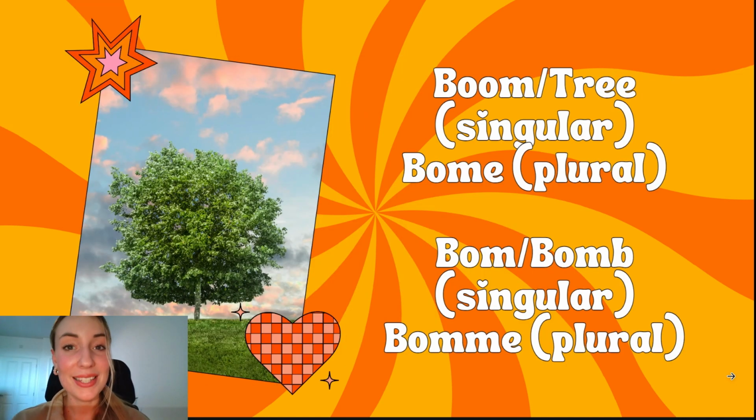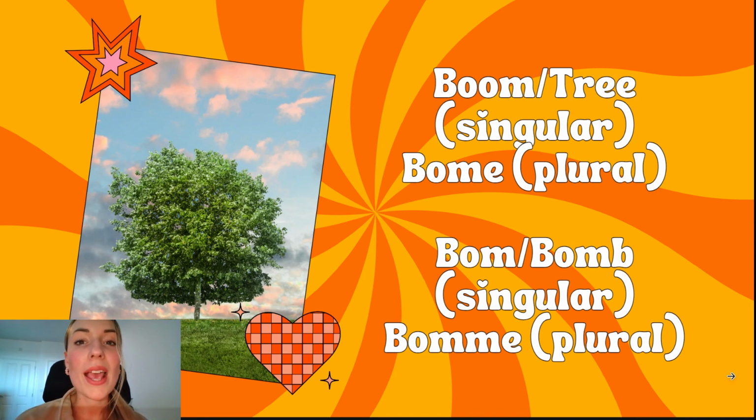So going back to this slide again, as you can see, boome, the plural form of boom, which is tree, the way you would break that up into syllables would be boe and me. So the boe ends on an open syllable because it ends on a vowel, like rule number 1.